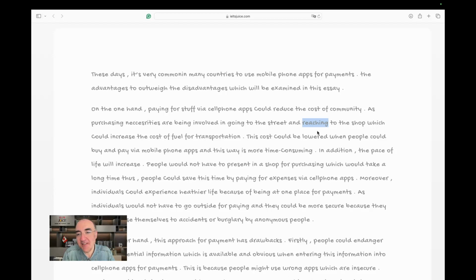You basically get to the shop, which can increase the cost of fuel for transportation, which can increase the cost of, no, it doesn't increase the cost of fuel. Governments increase the cost of fuel, or private companies like, I don't know, Royal Dutch Shell or other countries that export fuel or provide fuel at gas stations, they do that.